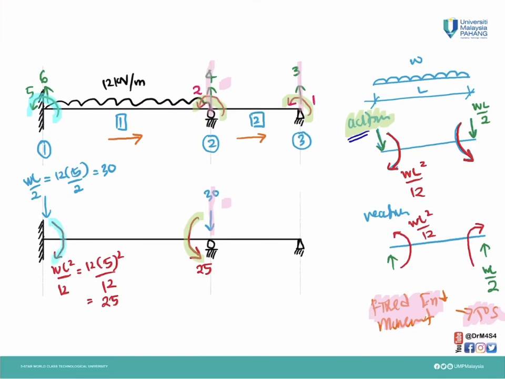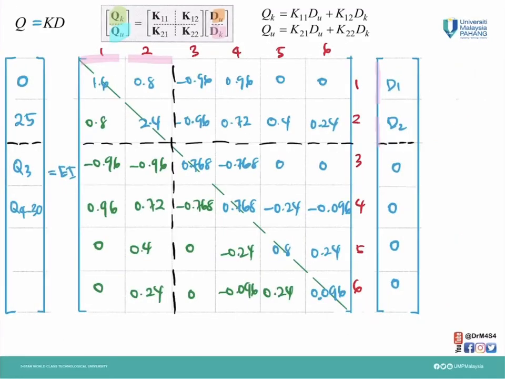That means Q5 minus 25, and for 6, this going up, this going down with magnitude of 30. So that means Q6 minus 30. Back to your main matrix. For Q5 minus 25, and for Q6 minus 30.